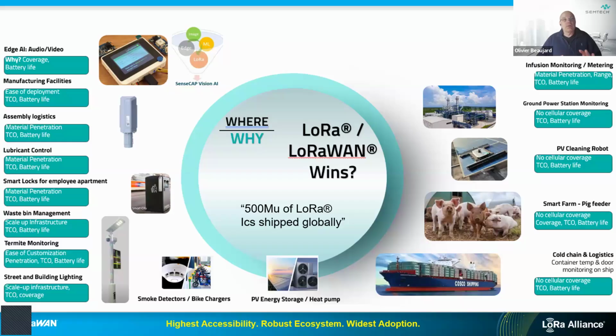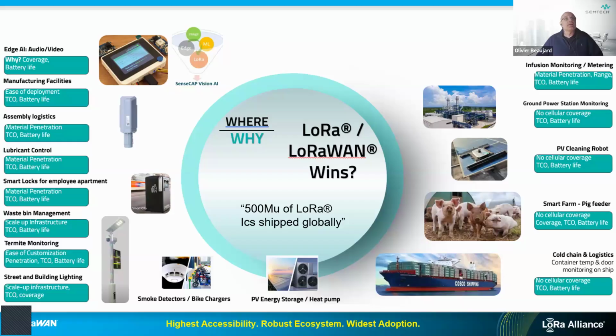And just to give you an order of magnitude, since the LoRa chipset exists, we have shipped cumulatively more than 500 million units. So it's been close to 15 years already that LoRa exists. The LoRa Alliance has existed 11 years, but 500 million have been shipped and are in use in all of those verticals.